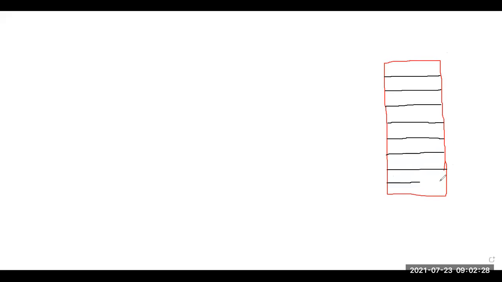In secondary memory, these blocks are called pages. Remember, all these blocks are equal size. Suppose this is 1 KB, then every block will be 1 KB.